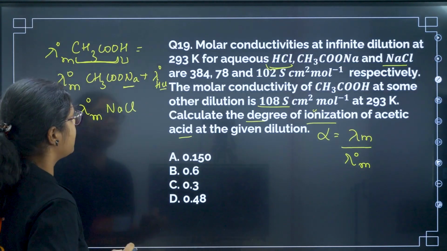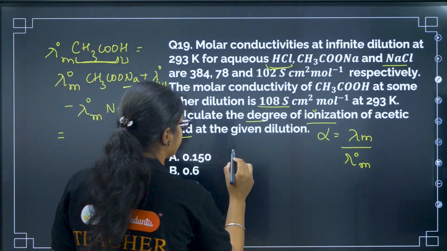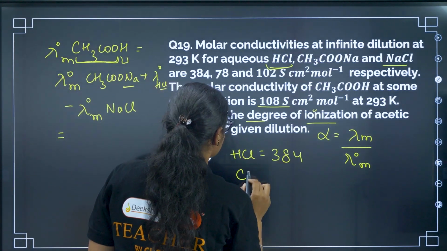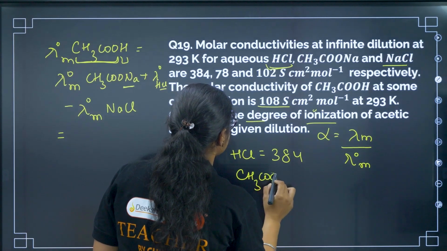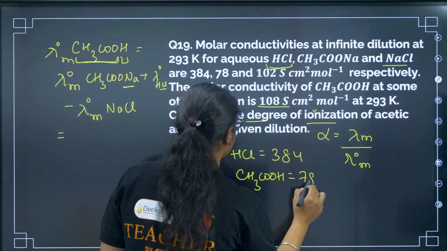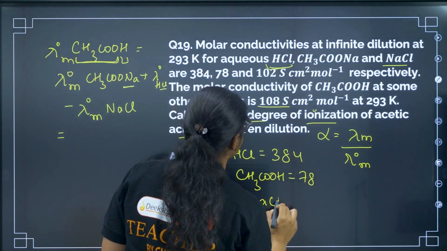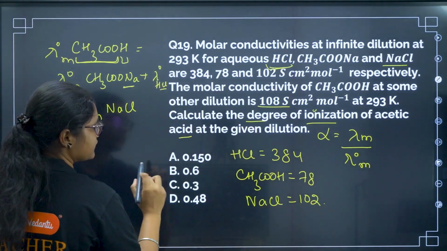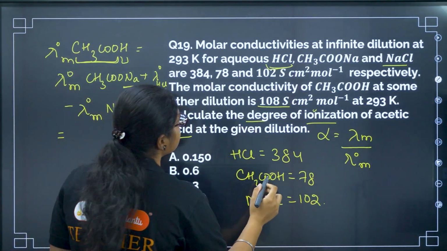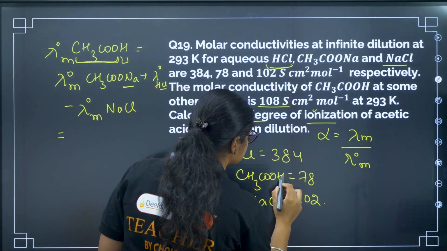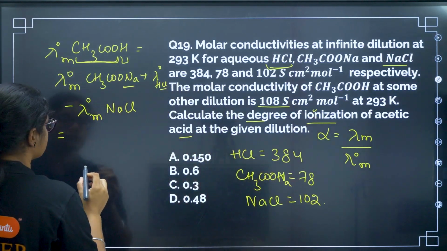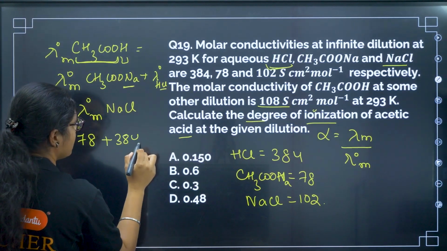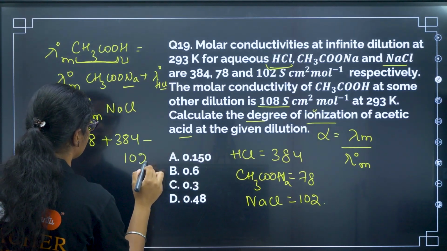So if we solve this value, I'll write the values here. HCl value is 384, CH3COONa value is 78 and NaCl value is 102. So 78 plus 384 and then minus 102.